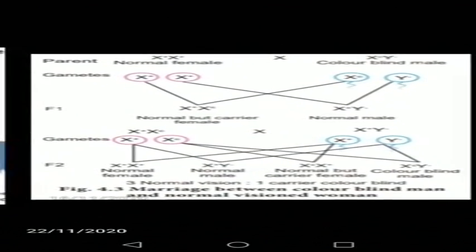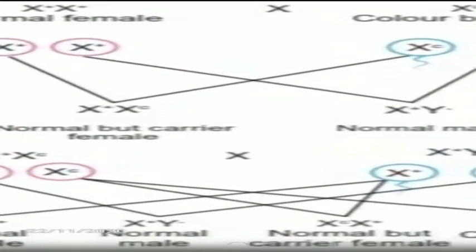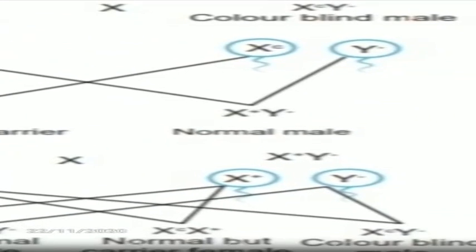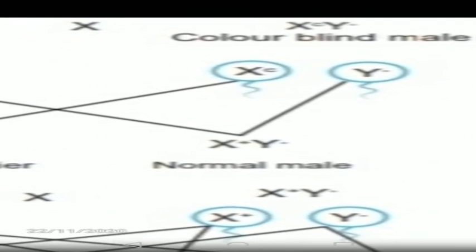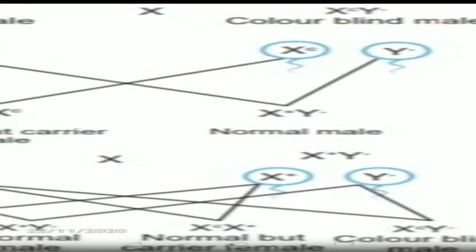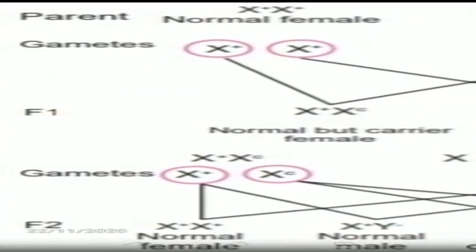Here, if you see the parents, the normal female is X+X+, and the male, color blind, is XcY. And the gametes are X+ and Xc, and Y.